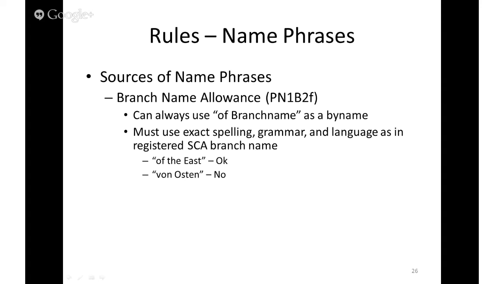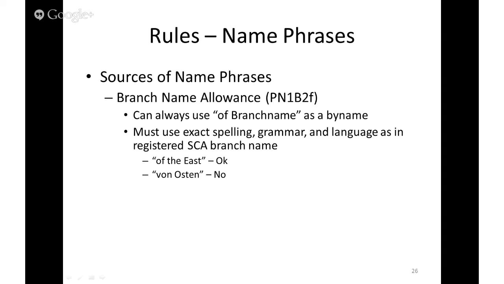So for example, here in the East Kingdom, we can register somebody is of the East. You cannot register it von Osten, which is German for of the East, because that's not the registered name of the kingdom. And by the way, this is not limited by kingdom. If somebody from Ethelmark wants to register himself as of the East, the College of Arms is not going to stop him. We don't check citizenship papers.